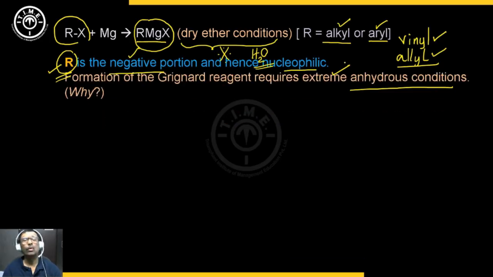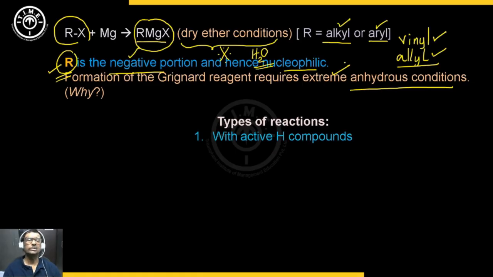Now let us look at what are all the different types of reactions that this Grignard reagent undergoes. First is with active hydrogen compounds. Now the answer for this lies here, right? Why is Grignard reagent formation happening only under extreme anhydrous conditions? That we will know when we are doing this first one. Second, reaction with carbonyl compounds, aldehydes or ketones.